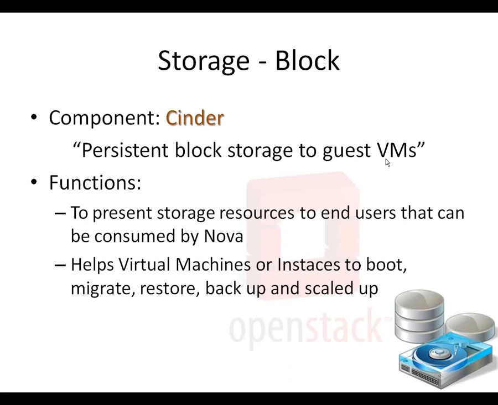So the function is to store resources for the end user that can be consumed by Nova. So Nova can access these volumes, and this can be given to the VM. And what is the main functionality of a Cinder node? Cinder is a separate node, and if you take it as a storage node, the Cinder and the Swift can be on one system, or two systems, or multiple systems.